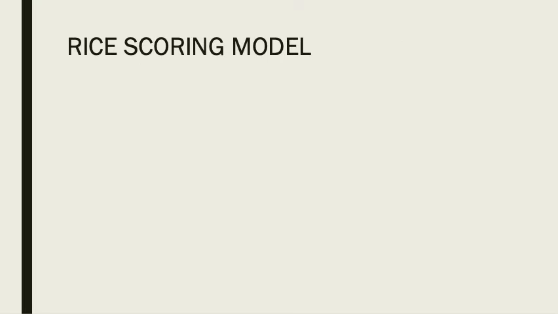So what is the RICE scoring model and what does it stand for? Well, first of all, a little bit of history, because everyone is going to say that, so let me also repeat the same. It is said that it is Intercom which came up with this RICE scoring model, and they started using it to prioritize ideas.